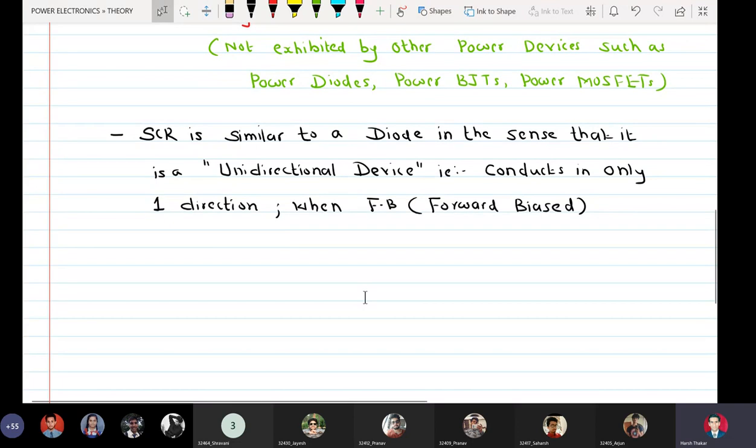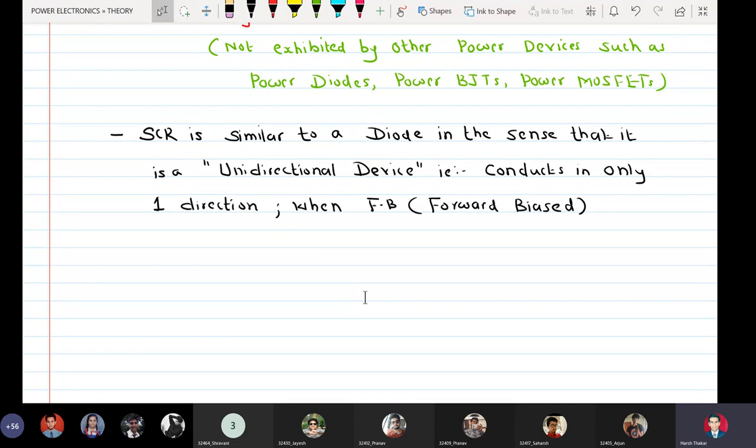That is, when the potential difference between the anode and cathode terminals of a diode is greater than its internal energy, that is 0.7 volts, the diode must conduct. But in an SCR, even though the potential difference between anode and cathode is positive, the SCR will not start conducting till a firing pulse is applied to its control terminal called the gate.